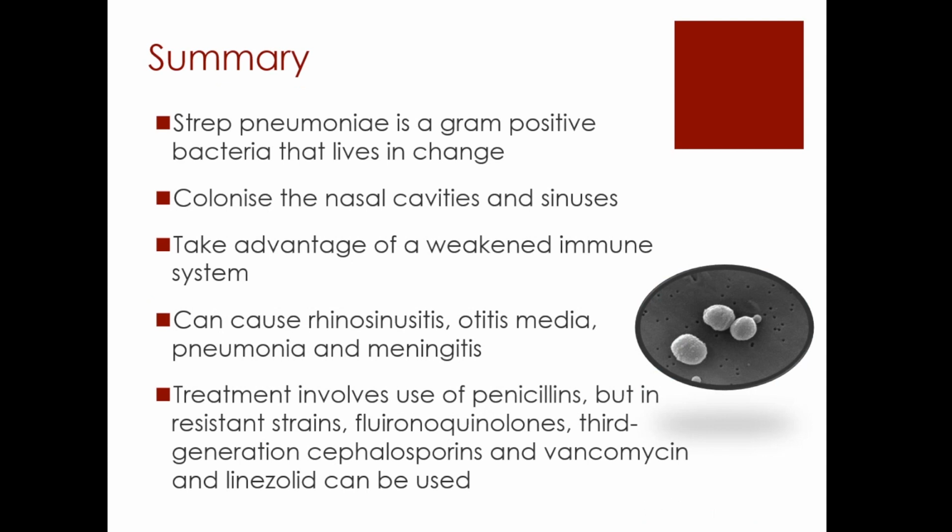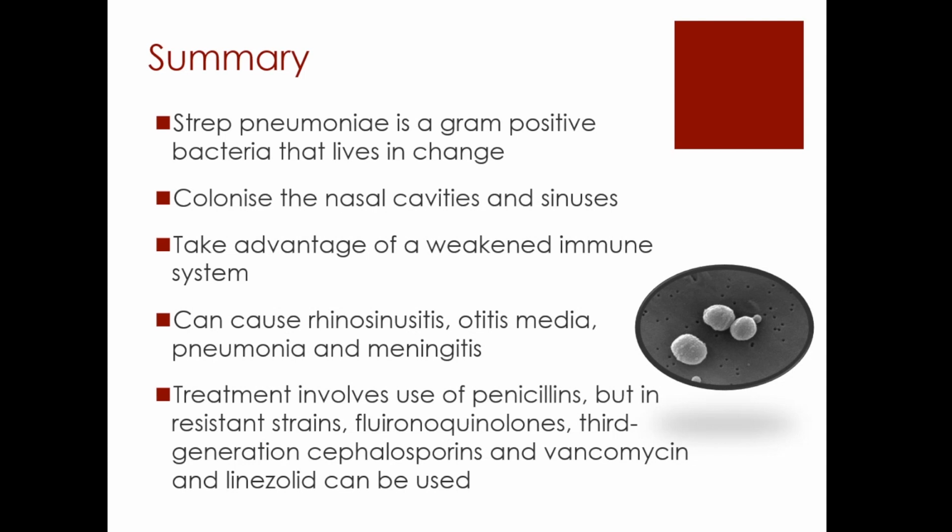In order to summarize, Streptococcus pneumoniae is a gram-positive bacteria that lives in chains. It colonizes the nasal cavity and the sinuses, and it normally doesn't cause a problem, but it can take advantage of those with a weakened immune system. It can cause rhinosinusitis, otitis media, pneumonia, as well as meningitis.